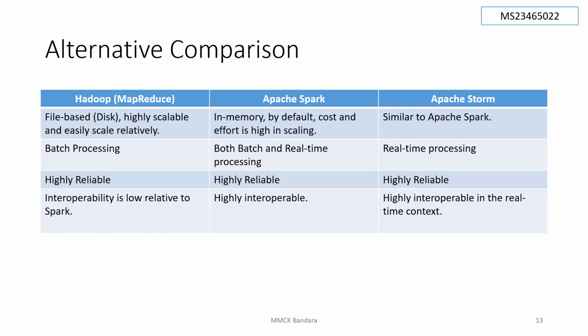In that case, we can achieve our objectives when we consider the five Vs of big data processing. At the same time, it is highly interoperable. It's compatible with vast data sources and formats, and it can interact with different external systems.